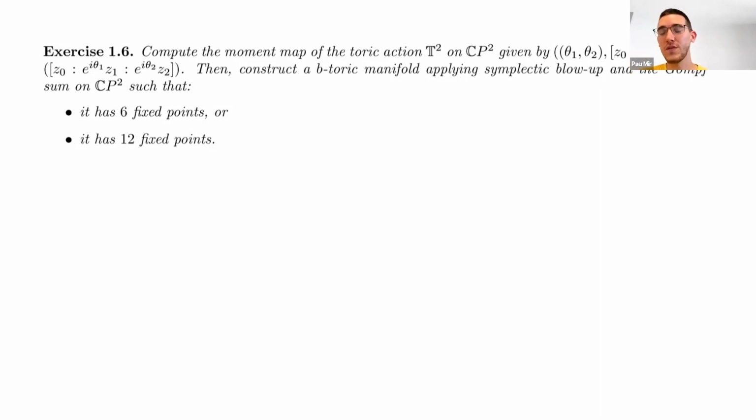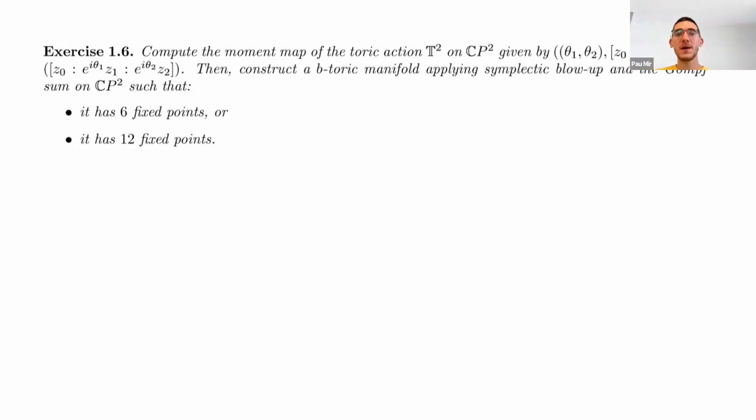I will do the computations of the moment map first, but then I will do this blowup pictorially. Eva didn't explain the blowup technically. I will not do it either, but I will send you a good reference, in which the author focuses on the blowup and specifically on examples of blowup of CP2.